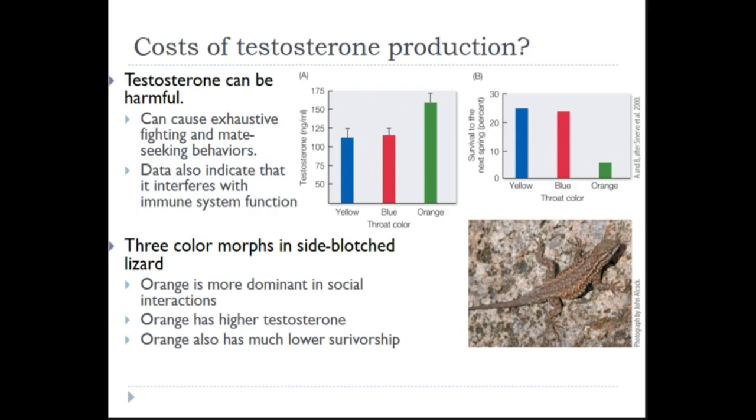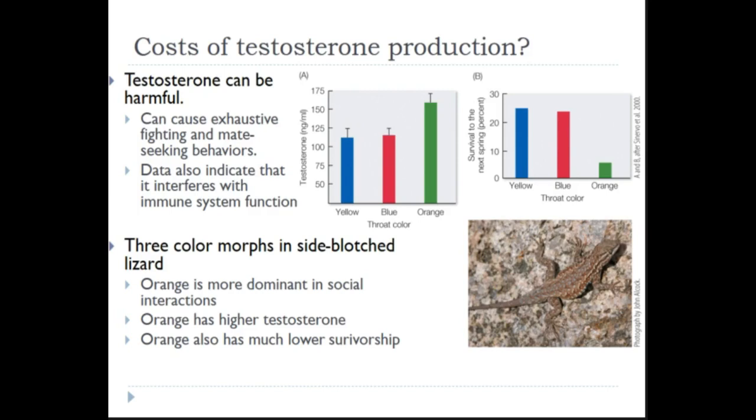The argument is that two things are going on. One is that because they're so aggressive and engaging in all these energetically demanding tasks, the orange individuals kind of wear themselves out and therefore aren't in a good position to survive the winter and make it to the next year. The other argument, and it's kind of implicit in here, I don't think I wrote it up here, but again, testosterone oftentimes can inhibit immune function.